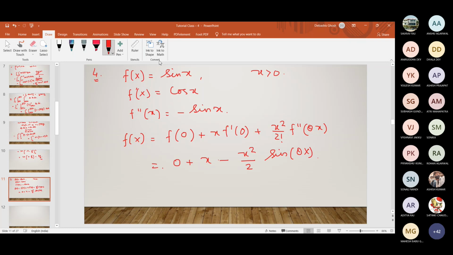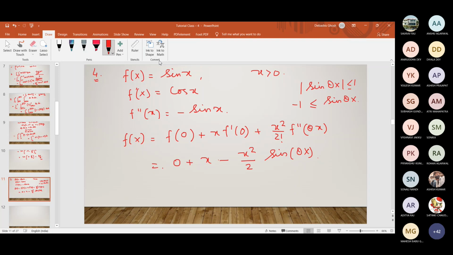Now for any positive value of x, the mod value of sine theta x is always less than or equal to 1. So therefore minus 1 is less than or equal to sine theta x.